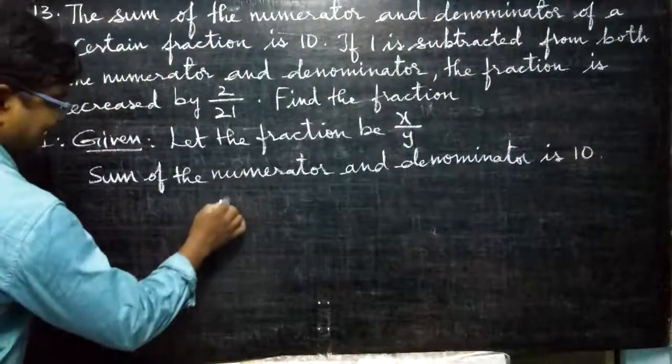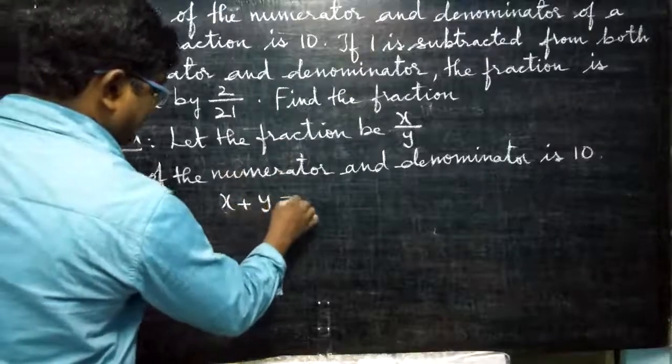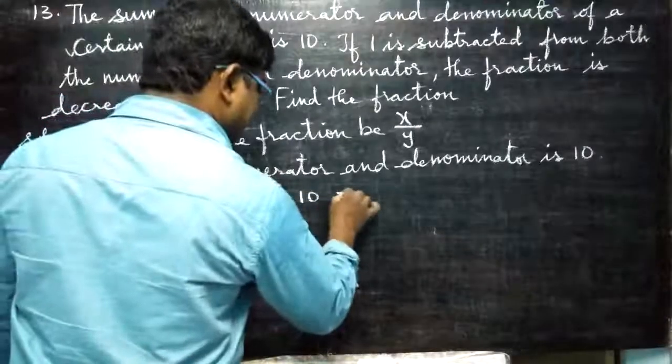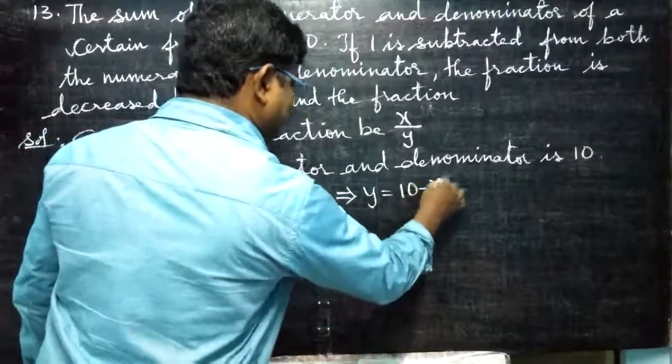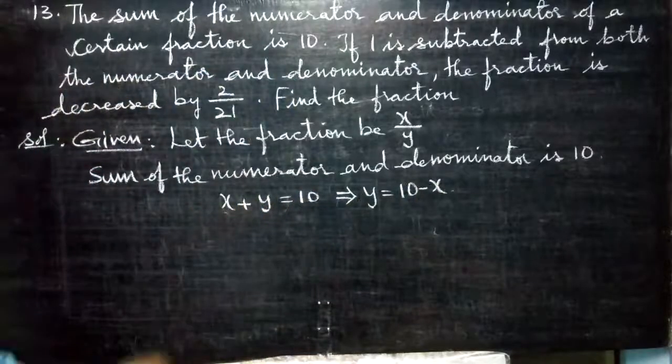The meaning is numerator is x, denominator is y, so x plus y is equal to 10. This implies y is equal to 10 minus x. Plus x goes from left to right, minus x.